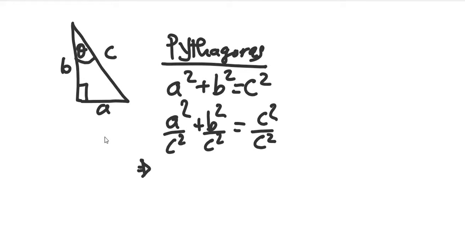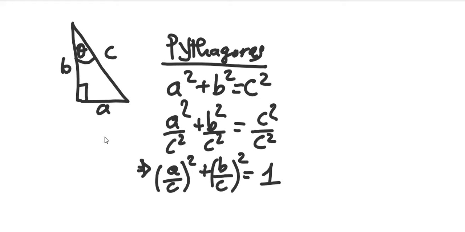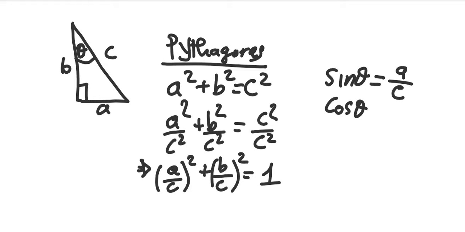This implies I will have (A on C) squared plus (B on C) squared is equal to 1. I know that my function sine theta is equal to the opposite A divided by the hypotenuse. I also know that cos theta is equal to the adjacent divided by the hypotenuse.